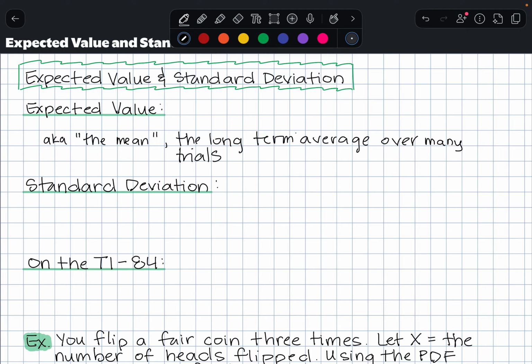So if I'm talking about that probability distribution we built in our last video of flipping 3 coins, if I wanted to find the mean of that, I'm finding the long-term average if I flipped a coin 3 times over and over and over again until I was so bored I couldn't stand it. The average outcome, the number of heads I get on an average 3-coin flip, would then be the long-term average over all of those trials. The standard deviation measures the spread for that random variable.